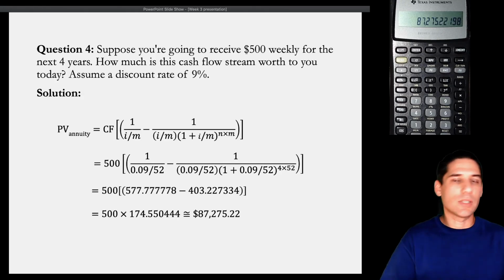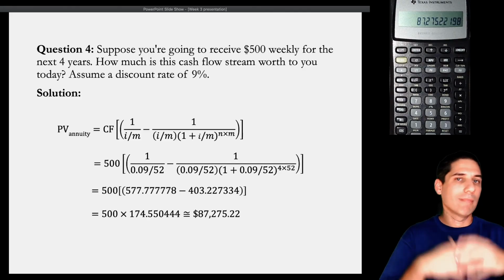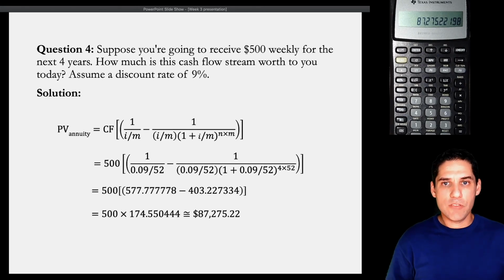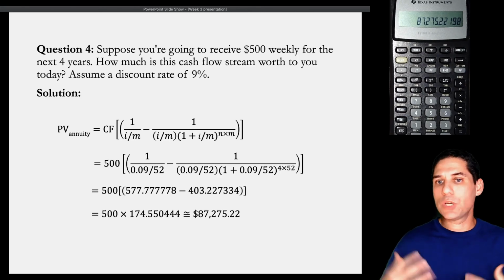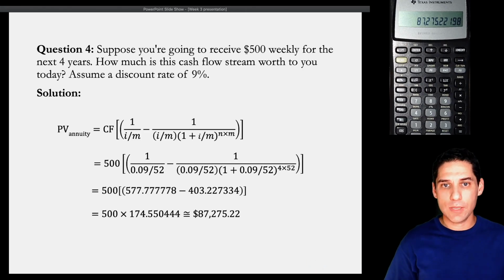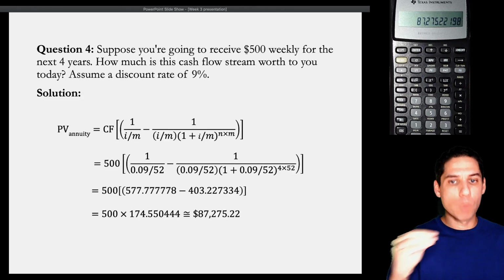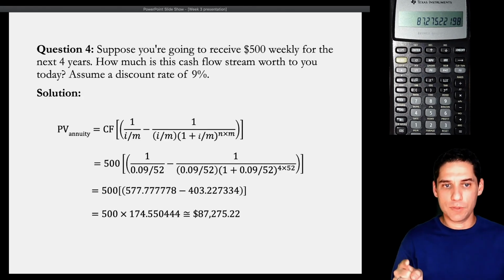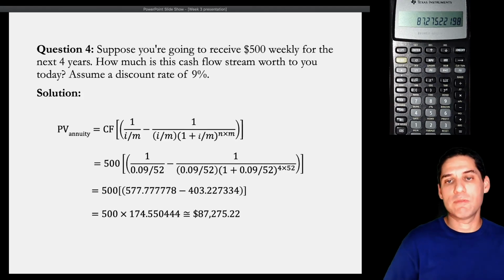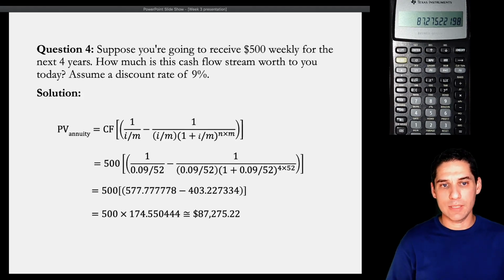Given the riskiness and all the time value of money, inflation, earning power, and interest rates, opportunity cost, all that stuff. If you need this asset to generate 9% return for you on an annualized basis, you would not want to pay more than $87,000 for this. If you pay exactly this amount, your expected return from this investment would be exactly your discount rate, 9%.